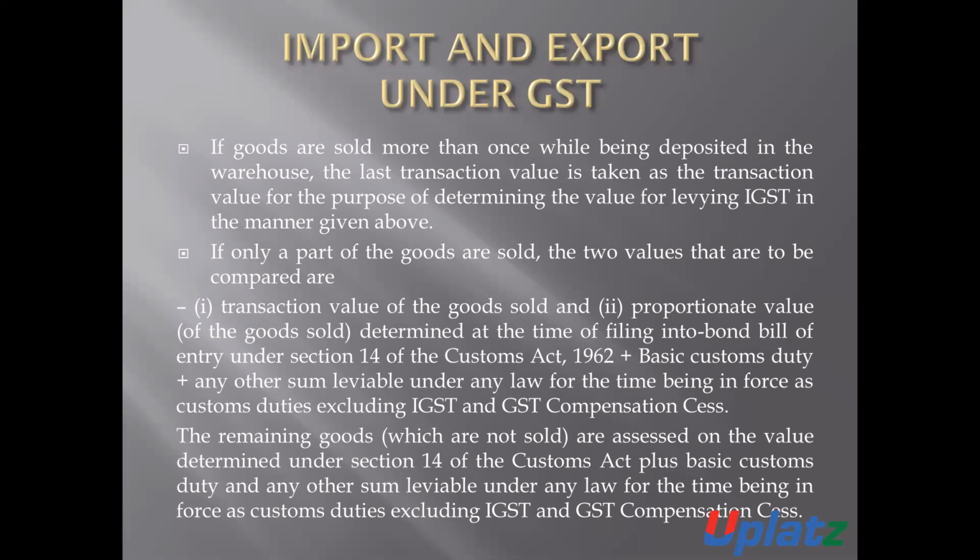The proportionate value is determined at the time of filing the into-bond bill of entry under section 40, and such amount is determined as per section 14 of the Customs Act 1962, plus basic customs duty, plus any other sum leviable under any law for the time being in force as customs duty, excluding IGST and GST compensation cess.